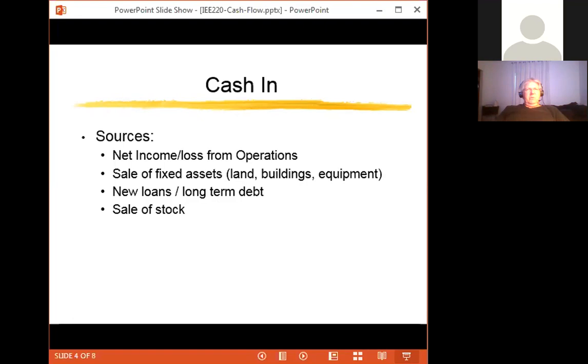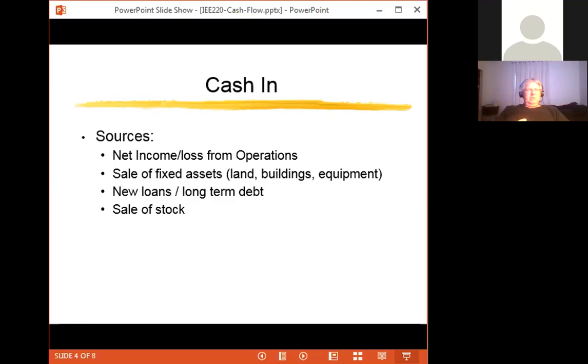Another way a company will bring cash in is by selling stock. Let's say you have 3 partners and you know that there's a good opportunity for you to purchase another product line or purchase another building. But between you and your partners, you don't have enough money to take the action you know will help you grow your business.